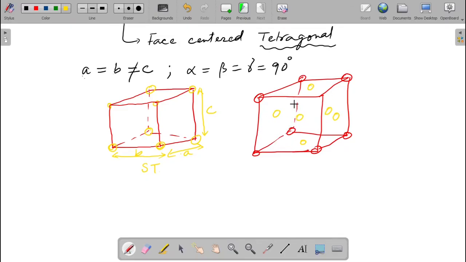So you have 6 atoms, and that makes your face centered tetragonal. Again, this is B, this is A, and this is C. These angles are 90 degrees. So that's your FCT. This is simple tetragonal, this is face centered tetragonal.